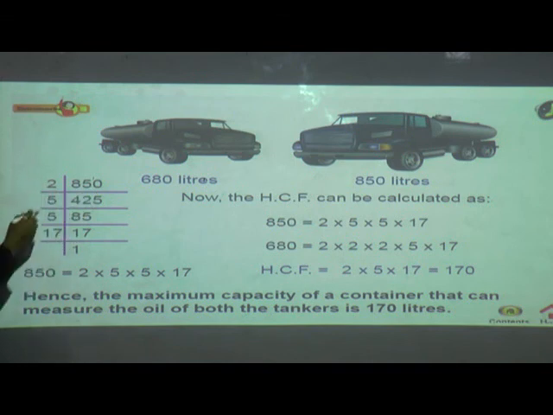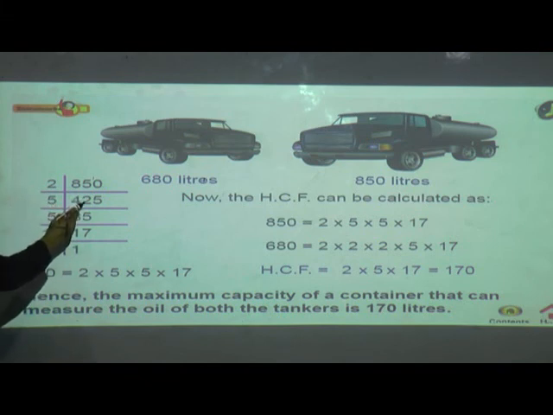Now next, 5 8s are 40, 42 minus 40 is 2. So it becomes 25. 5 5s are 25.